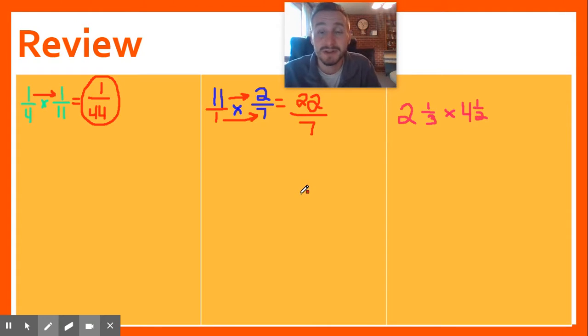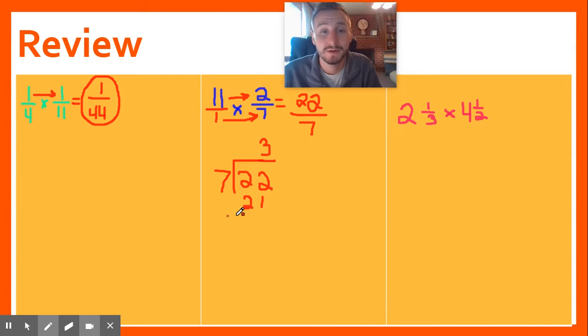But here's the issue. Yes, this is a good answer, but we want to simplify it. And you never want to leave a fraction in its improper form. So the way we fix this is we divide 7 into 22. Can 7 go into 2? No. Can 7 go into 22? Yes. What's the closest we can get though? 7 times what? 3. Because 7 times 3 gives us 21.